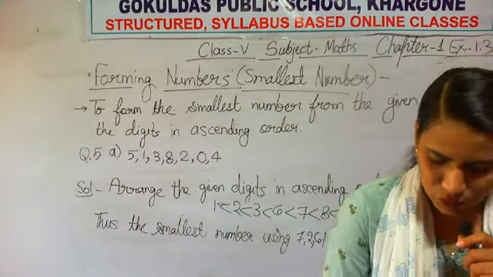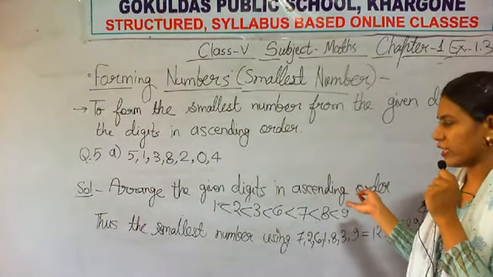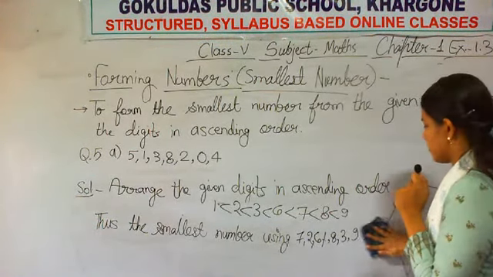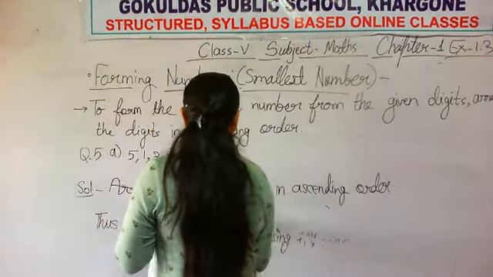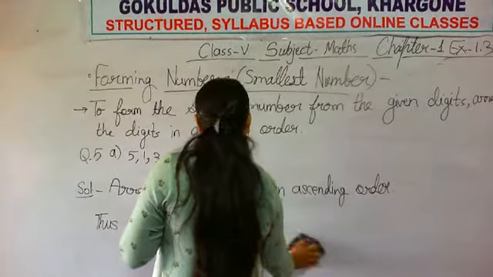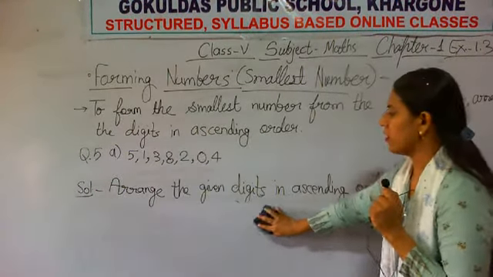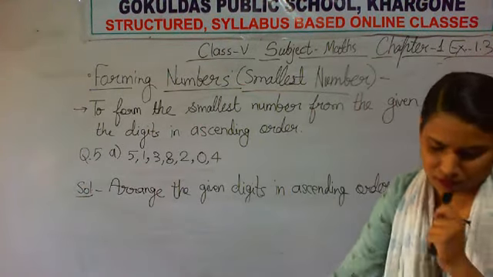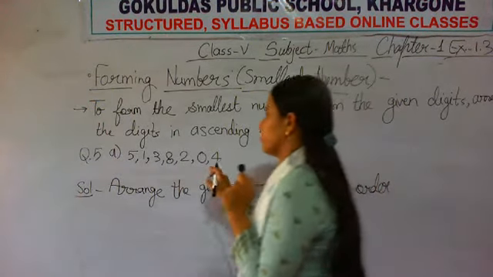So you have to follow the first step, and the first step is that you will arrange all the given digits in ascending order. You must write all the lines again and again for each question. Arrange with me.